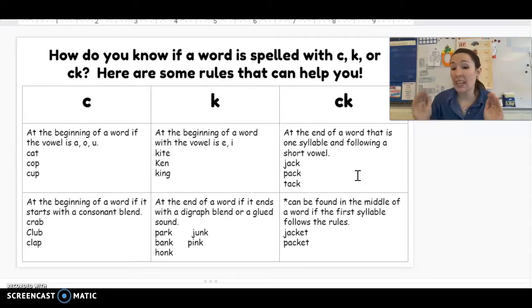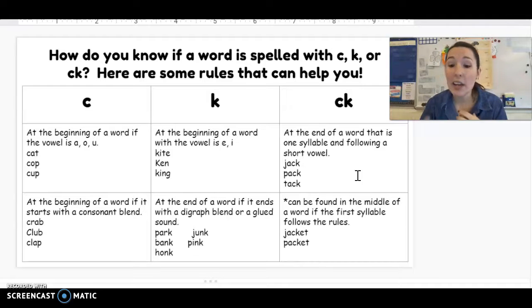And that's when we're going to have a CK. And notice they're all our short vowel sounds. My examples were all with the short vowel A, but you could also do the short vowel E like peck, or the short vowel U like luck or puck.